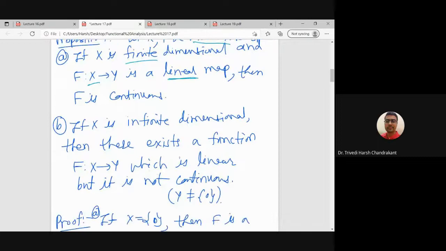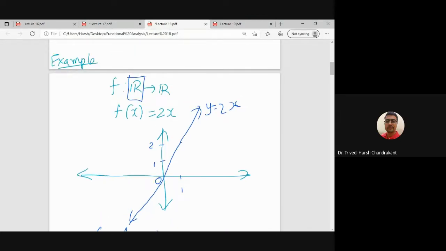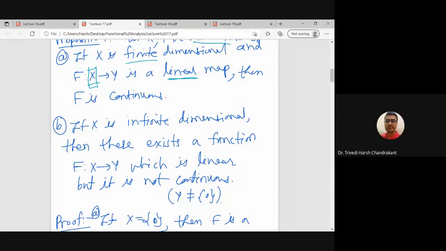But here it matters what the domain is, right? So the domain we are taking is one dimensional. So it is finite dimensional, therefore it is a linear function. Every time we cannot draw a graph because we can draw a graph only in R2, the XY plane, or 3 dimensions.